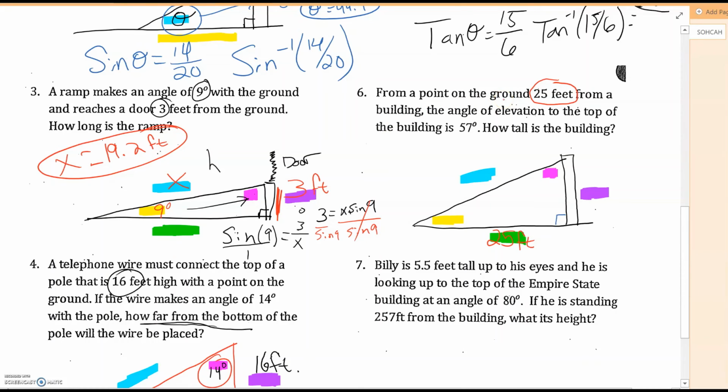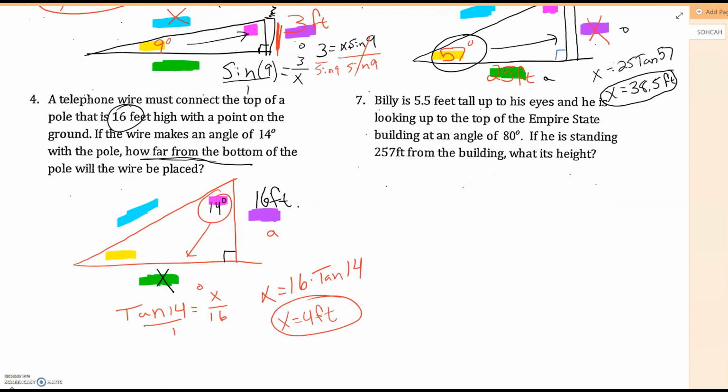If you think elevate, angle of elevation to the top of the building, where would that go? So looking up, elevate, looking up, elevation, the 57, it's going to be down here. How tall is the building? So where would the x go? X would go here. And then go ahead and set up your equation and solve.